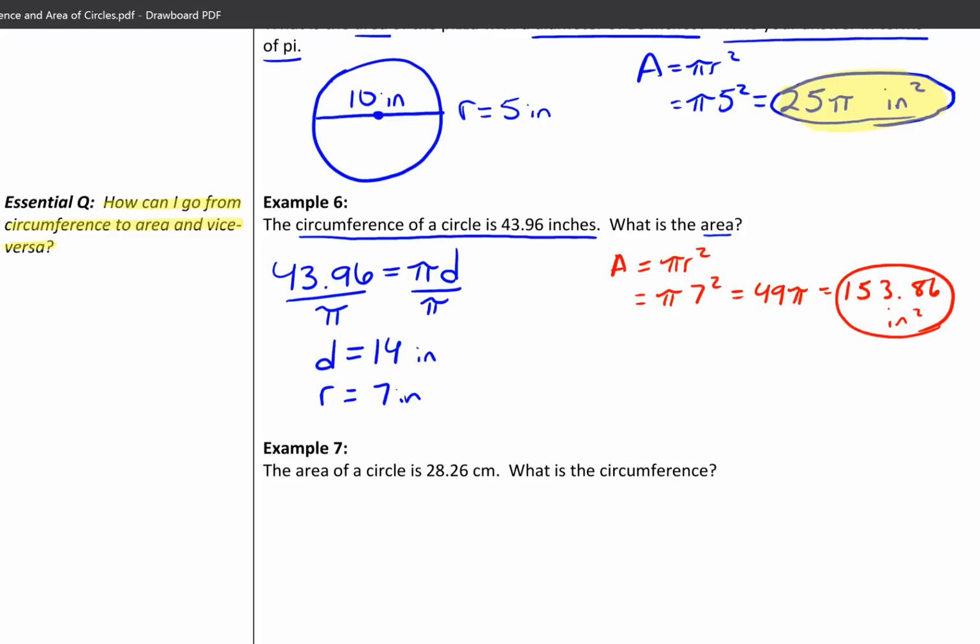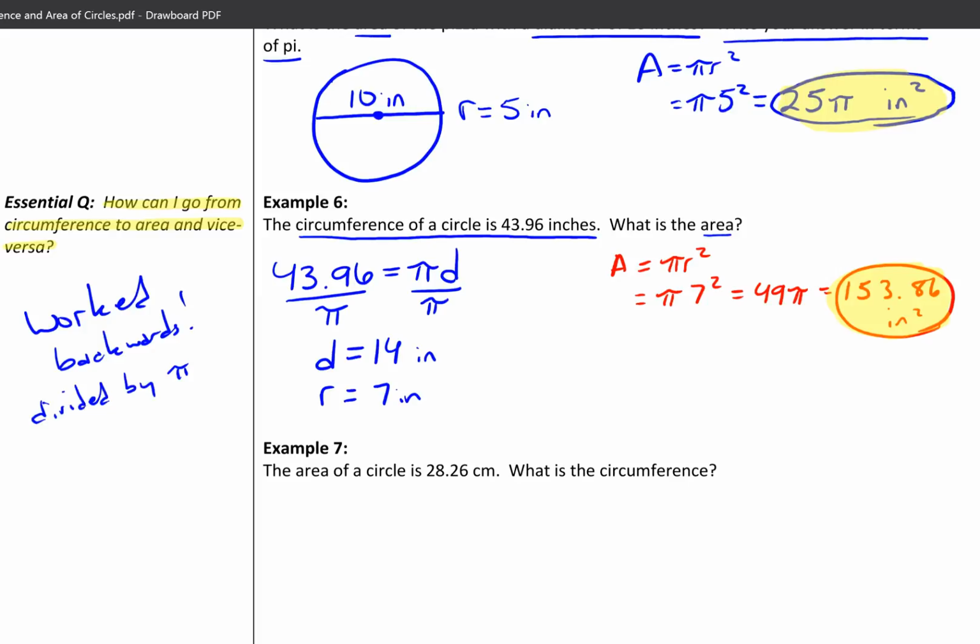So to recap, what we did here is we worked backwards and divided by pi to get the diameter. And then don't forget that radius is half of the diameter, so we use that radius of 7 to find the area of 153.86 inches squared.